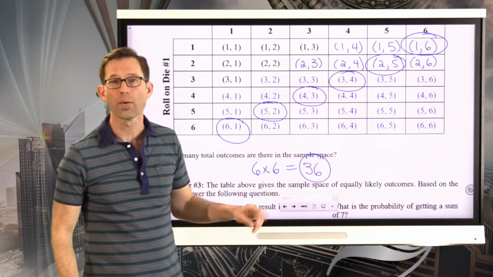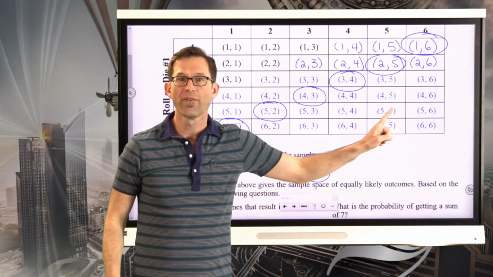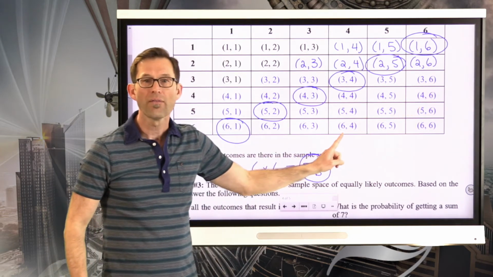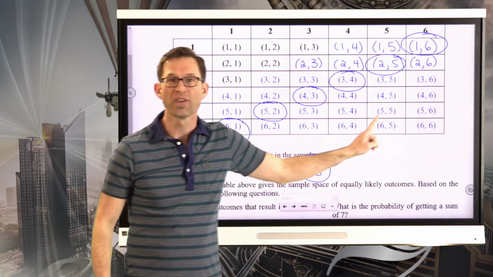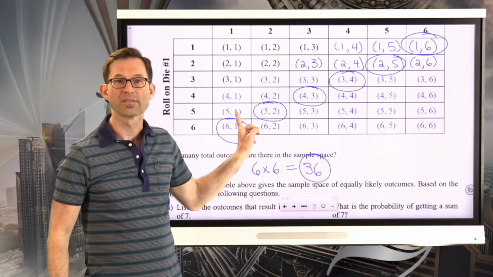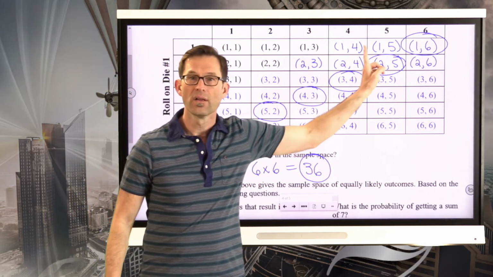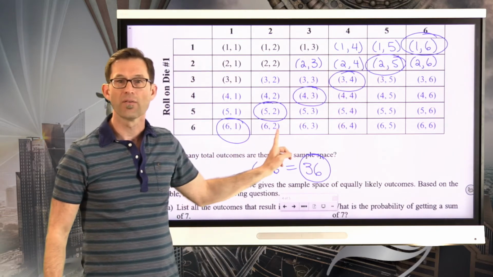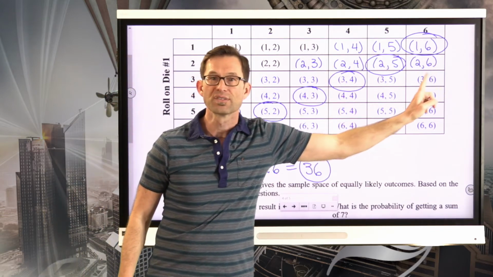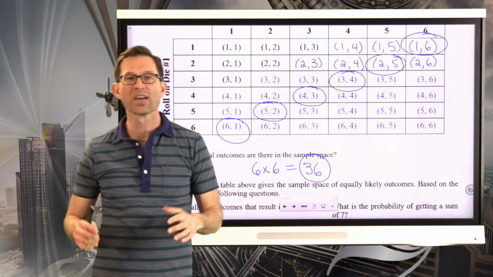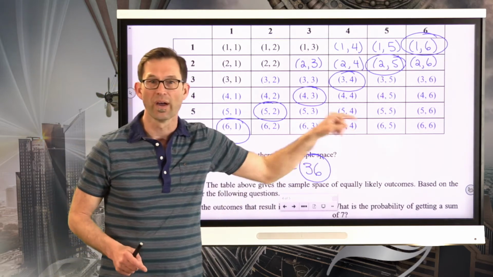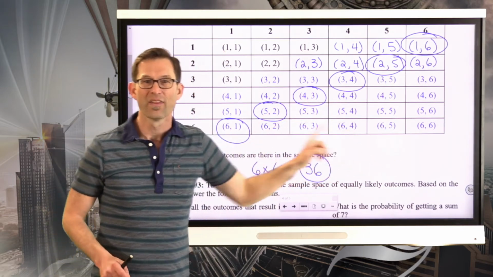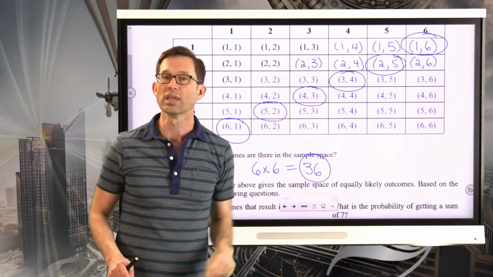By the way, you would notice that anywhere. Like if I went here, 6, 4, 5, 5, 4, 6, all of them along this diagonal have a sum of 10, right? I could come here and I could say, all of them along this diagonal have a sum of 6, all of them along this diagonal have a sum of 8, right? So the diagonals going this way, not going this way, contain those equal sums.